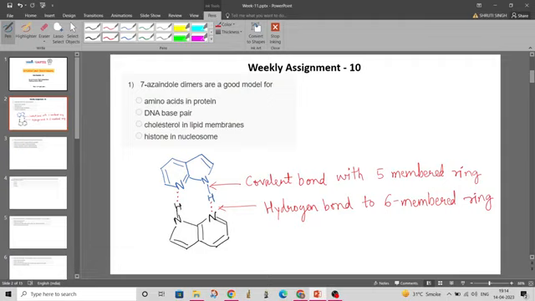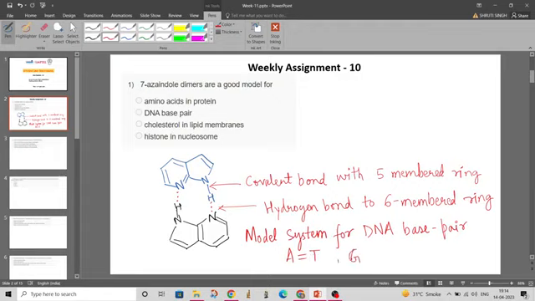Okay, so this kind of thing is found in DNA base pair. So it is a model system for DNA base pair. So in DNA we have ATGC base pairing. So this is similar to that. A and T are connected by 2 hydrogen bonds, and G is connected to C, guanine is connected to cytosine via 3 hydrogen bonds.